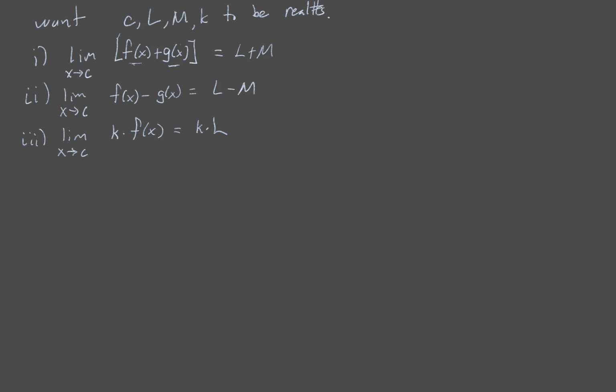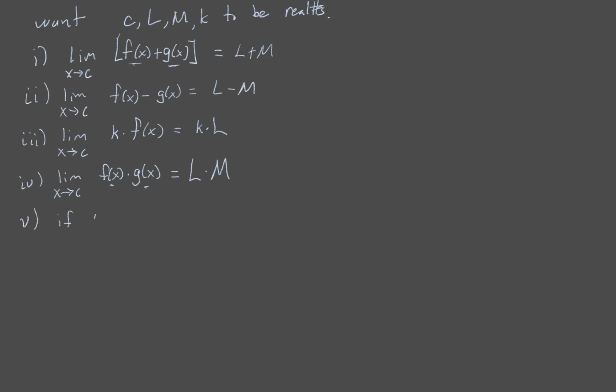The product rule: if I take the limit as x goes to c of f of x times g of x, well, if these are getting close to L and these are getting close to m, then together as a product they should be getting close to L times m.